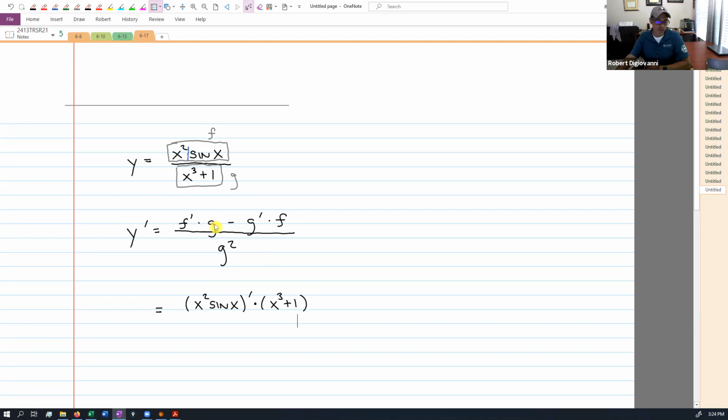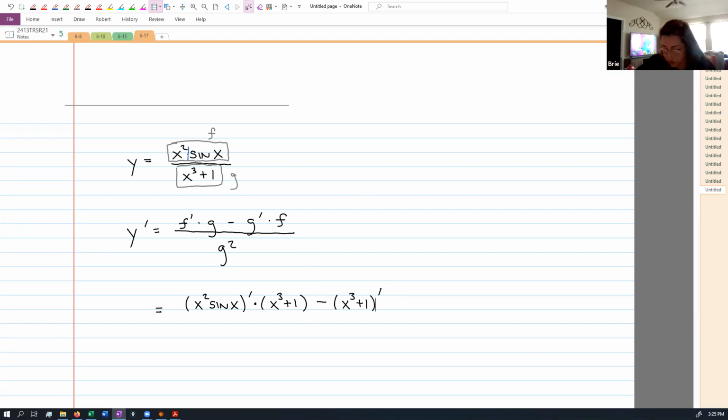The quotient rule says the g is just g. The only thing you're going to take the derivative of here is the f. Then we subtract. Now the g prime: you're going to take the derivative of the bottom, so we're going to do x cubed plus 1, derivative. Okay. And then don't touch the top, which is going to be the x squared sine x.